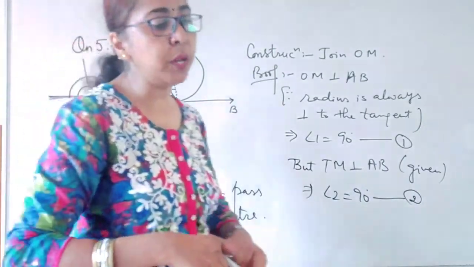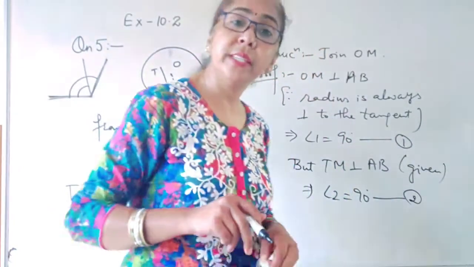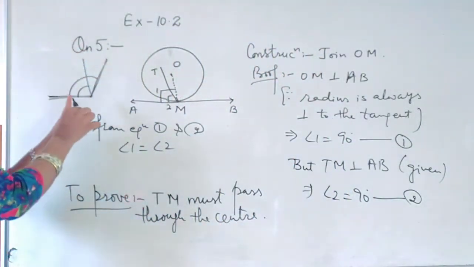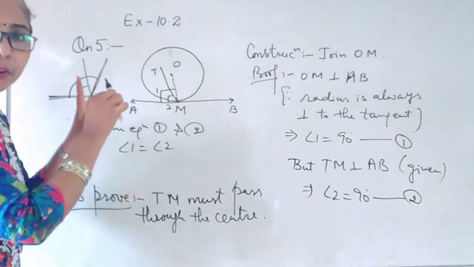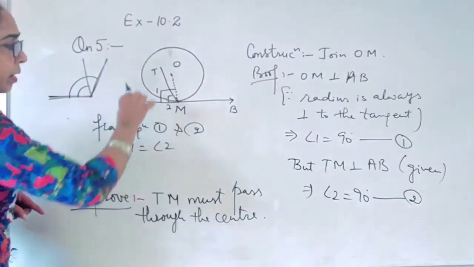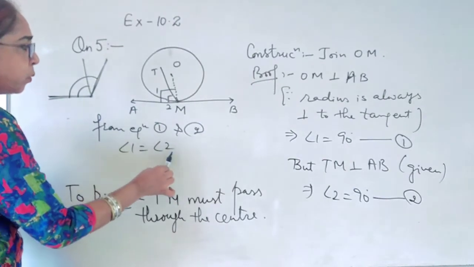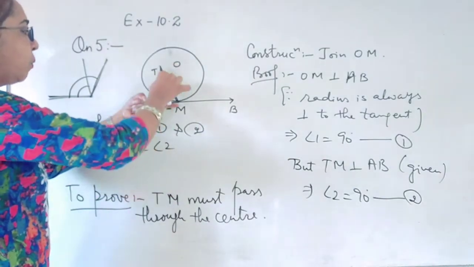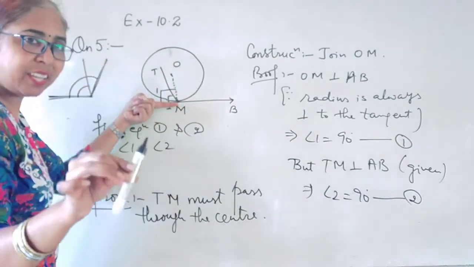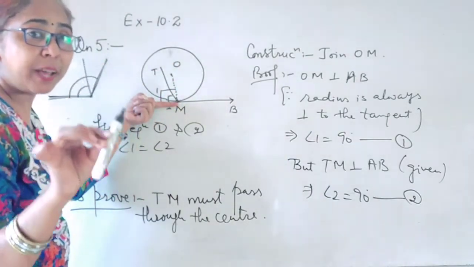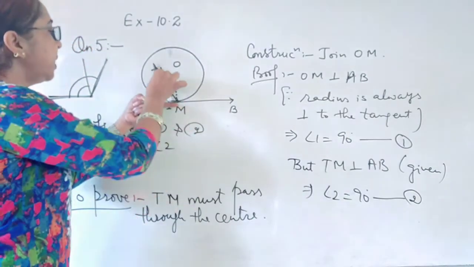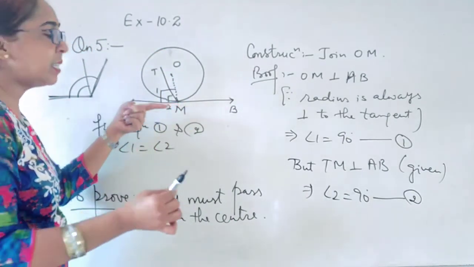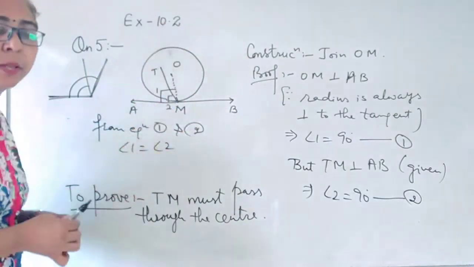So if these two lines are coincident, at that time the angles are equal. But here, according to the proof, angle 1 equals angle 2. These two angles are on AM, and if angle 1 and angle 2 are equal, it implies these two lines must be coincident. Which two lines? TM and OM.